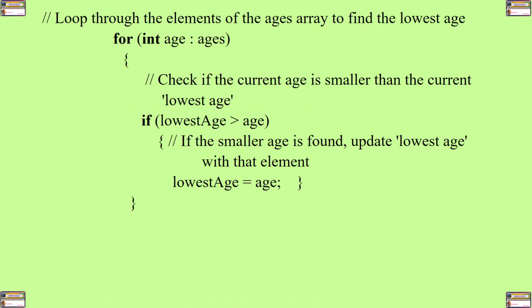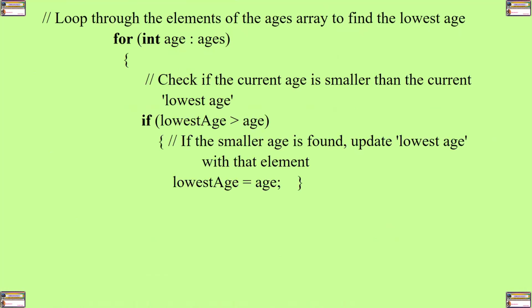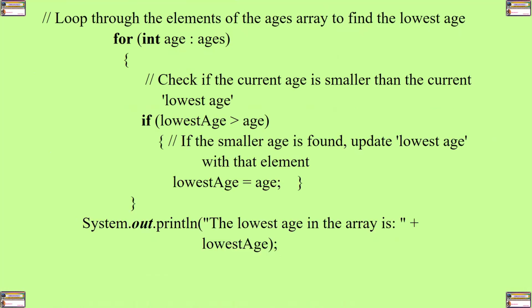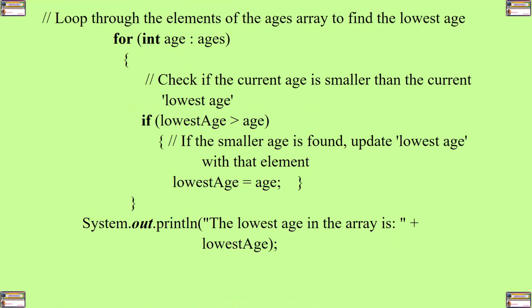And that will continue until all the elements are searched, or until all of them are compared with the current value of the lowest age. Once that is done, the value in the variable called lowest age will be the smallest.